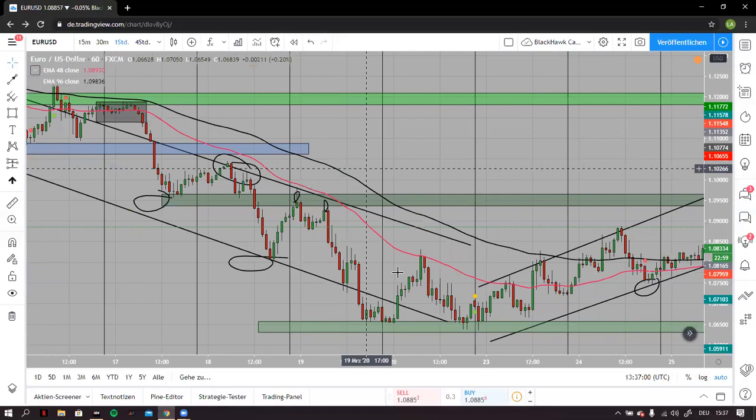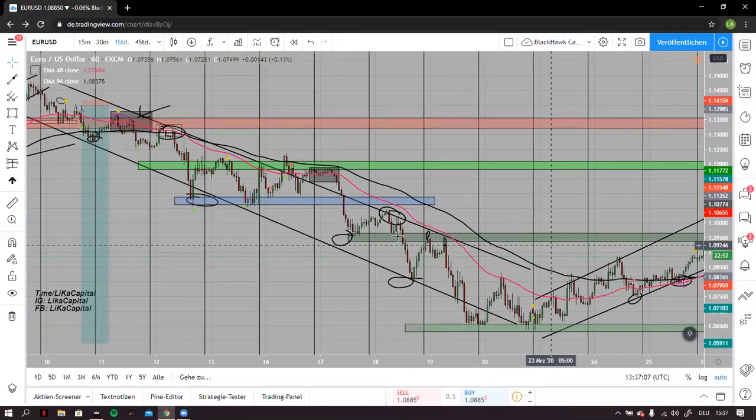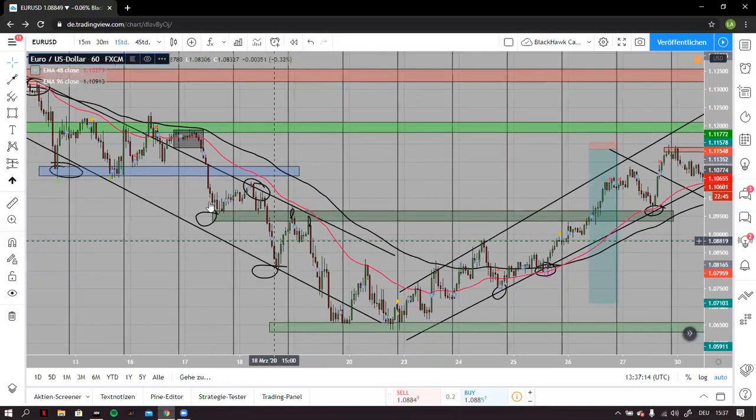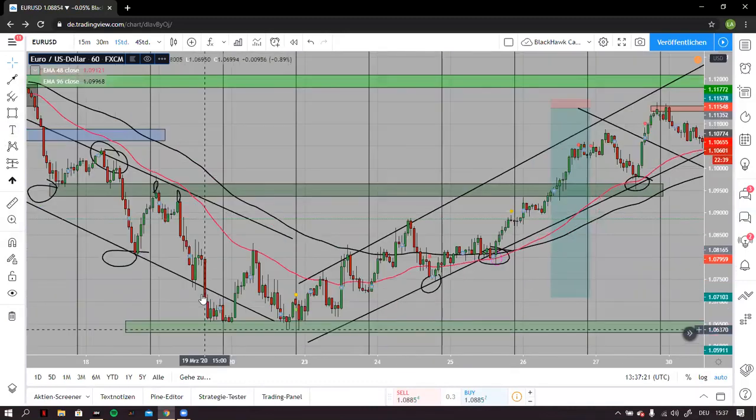So one more time, retail traders want to buy here at the zone, get trapped one more time before the real reversal of the trend happens. So if we come to this zone, what do we actually see here?